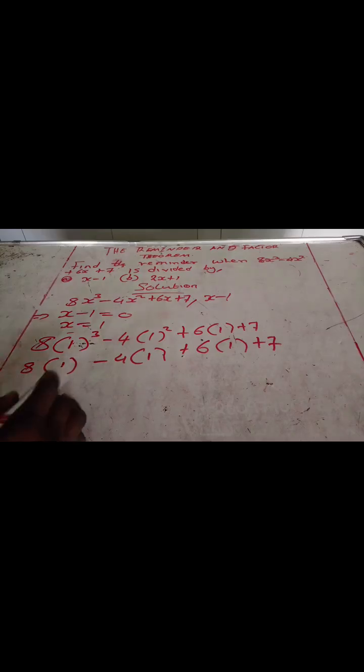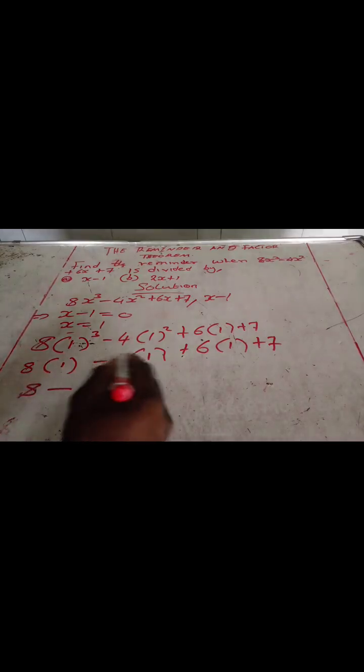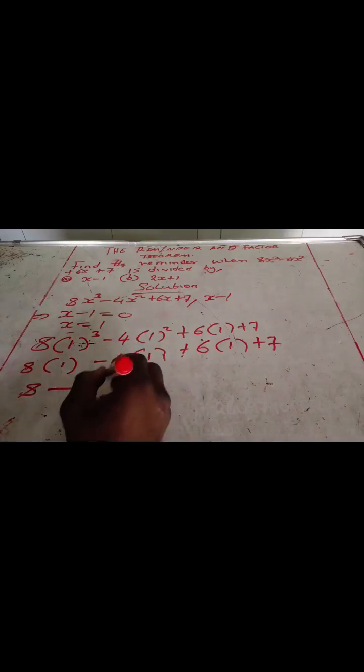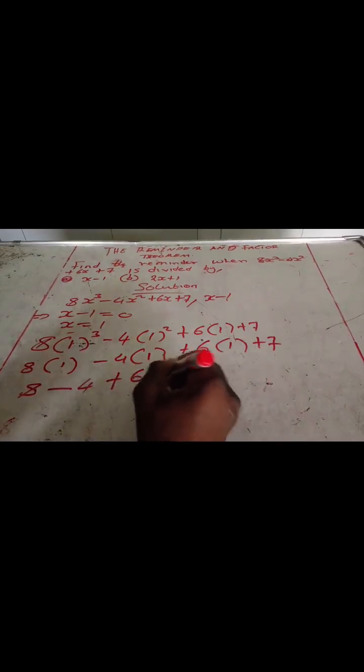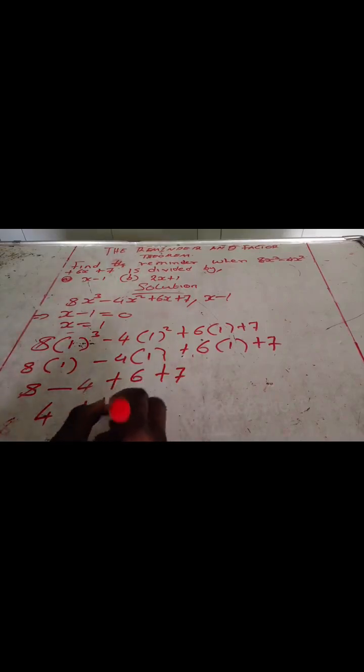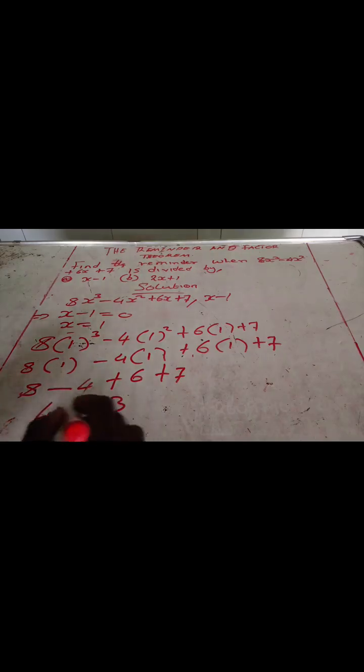8 multiplied by 1, it's 8. Any number multiplied by 1 is the number itself. Minus 4 multiplied by 1, it's negative 4. Plus 6 multiplied by 1, it's 6, plus 7. 8 minus 4 is 4, plus 6 plus 7, this is 13. 4 plus 13 is 17.